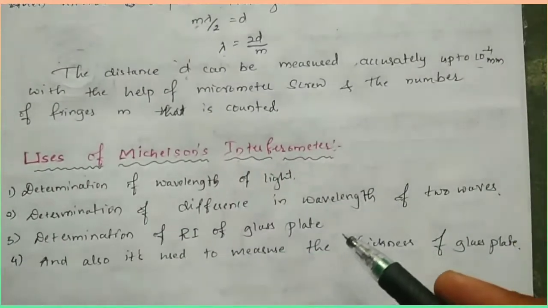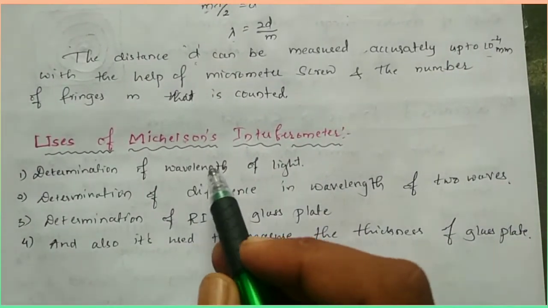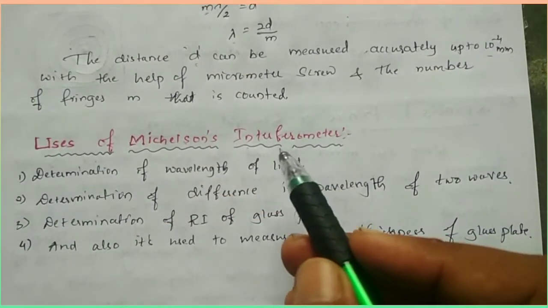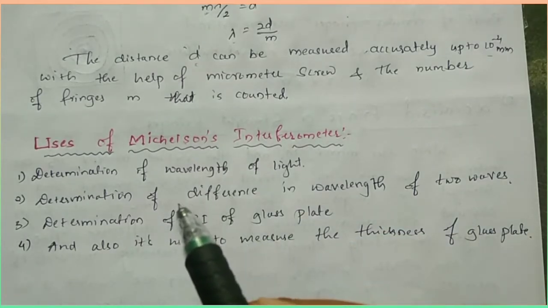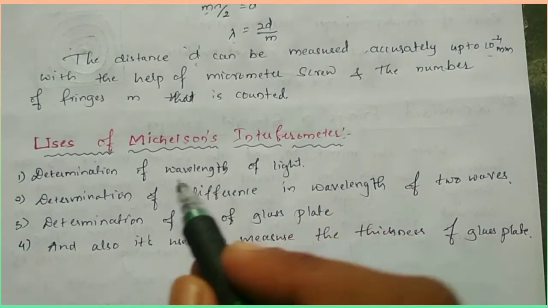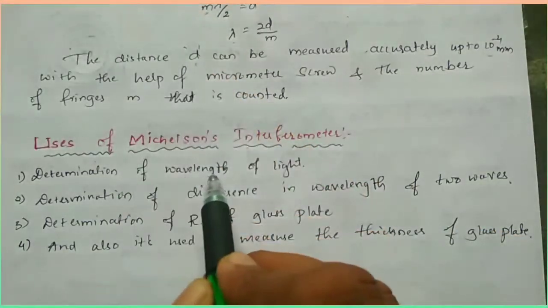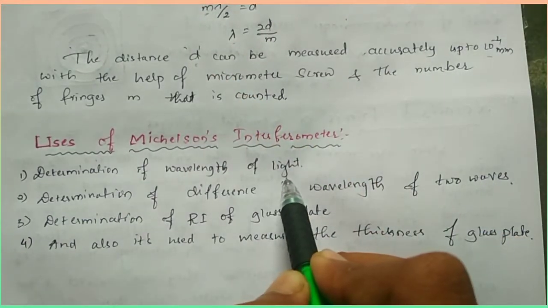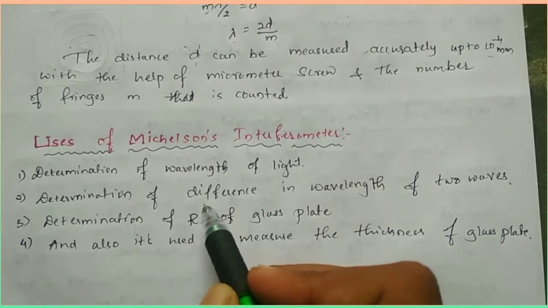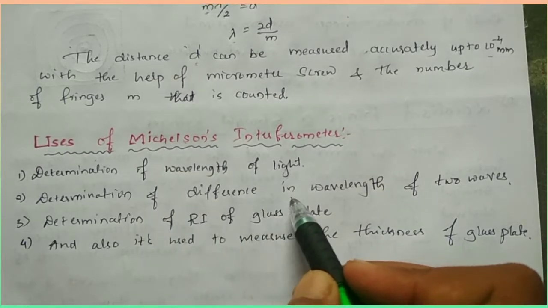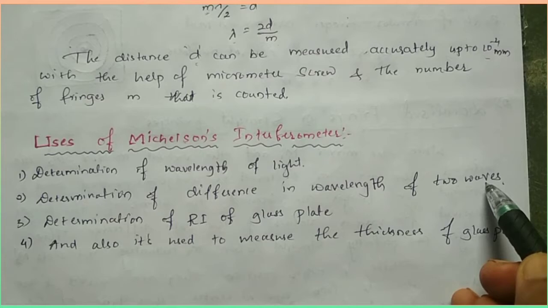The next concept is the uses of Michelson interferometer, the last concept in this topic. One use, already covered, is the determination of wavelength of light, and the next is the determination of difference in wavelength of two waves.